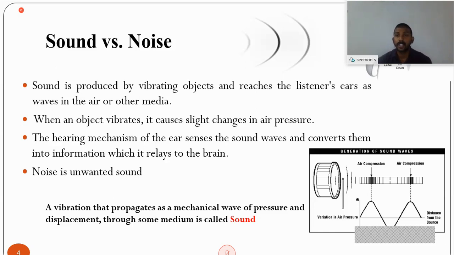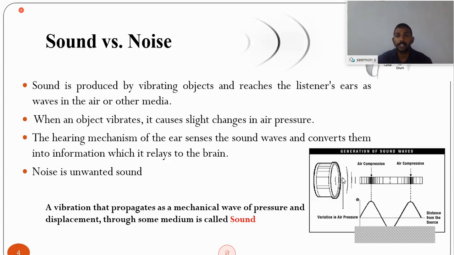We will see how the sound reaches the ear and how it is processed. And when the objects vibrate, it causes slight changes in the air pressure. With one example, we will discuss how we can easily study these things.